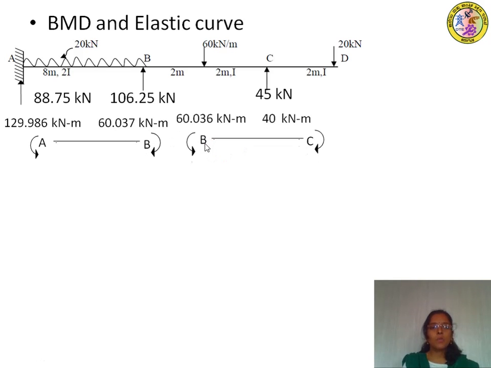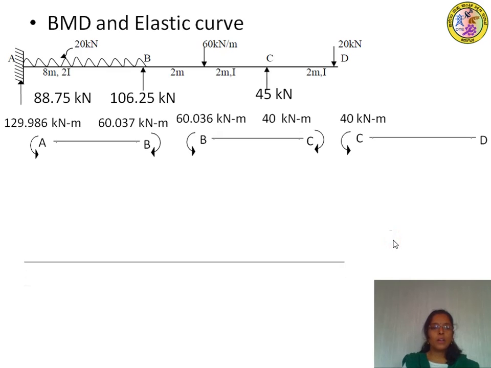For the BC member, MBC is minus 60.03 and MCB is plus 40, and for the CD member, MCD is minus 40.